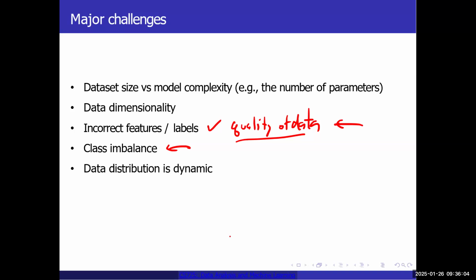But if you have 80% of the data in one class and 20% in the other class, your learning algorithm will lean toward this 80%. And it's going to make the baseline much harder to beat, because if you have class imbalance, without looking at the data, you can just predict that it's going to be in this class. And you are right 80% of the time. So your algorithm has to have more than 80% accuracy.